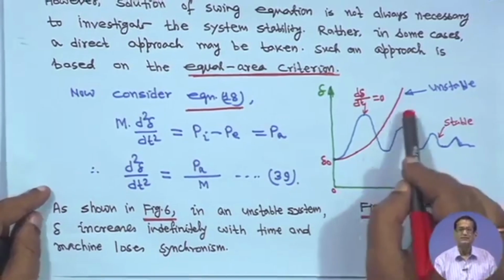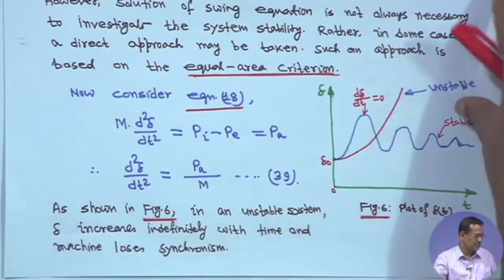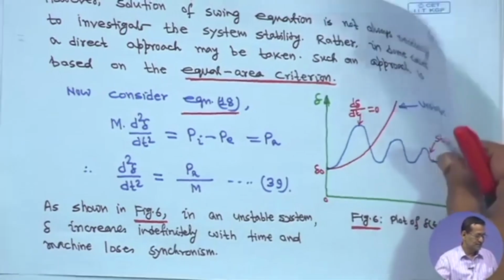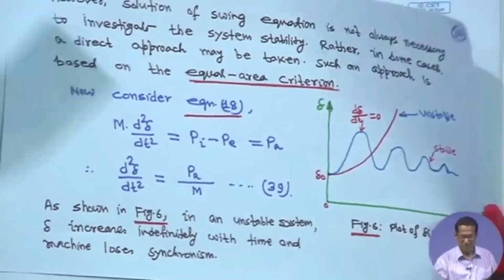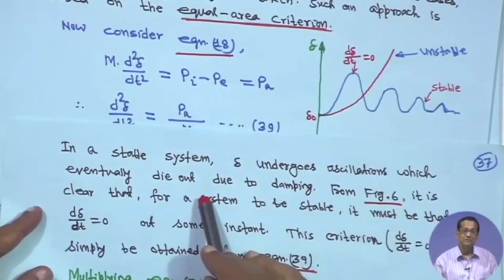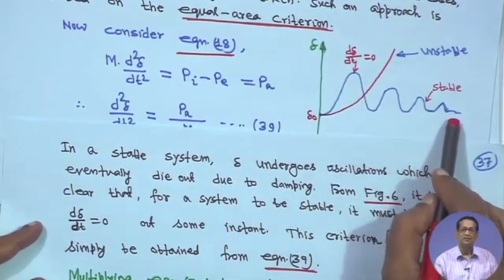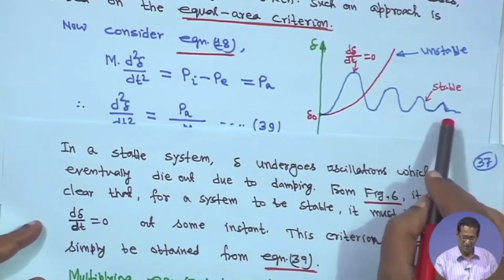So it is an unstable system because delta is continuously increasing. But in a stable system, delta undergoes oscillation, which eventually dies out due to damping. So it will go like this and finally the oscillation will die out.